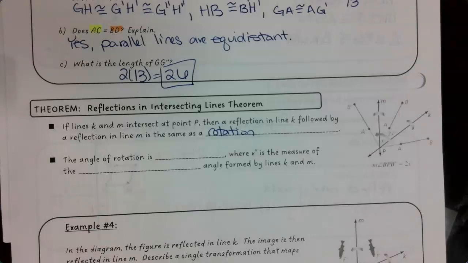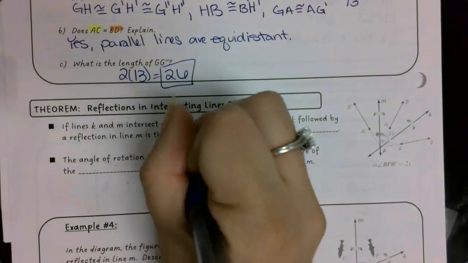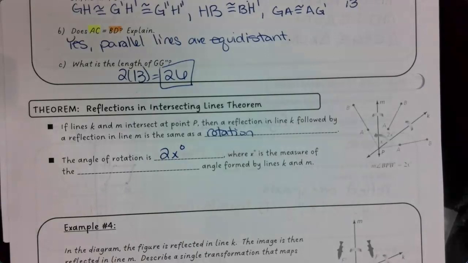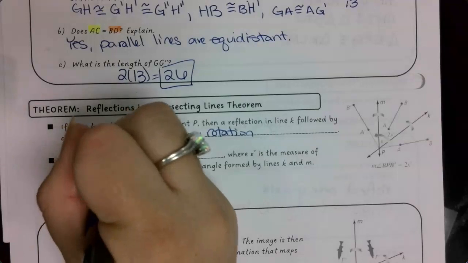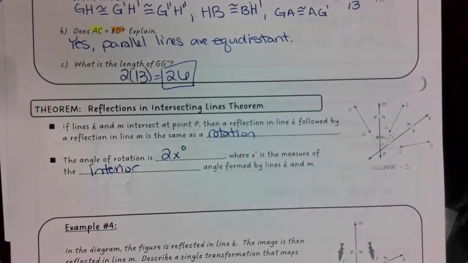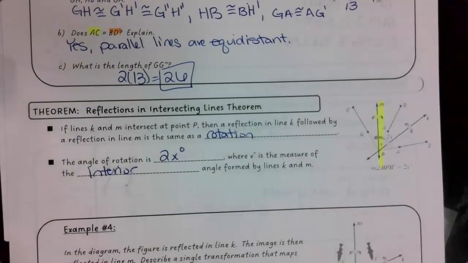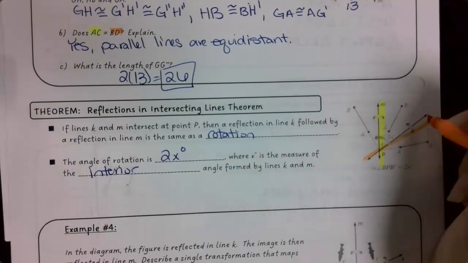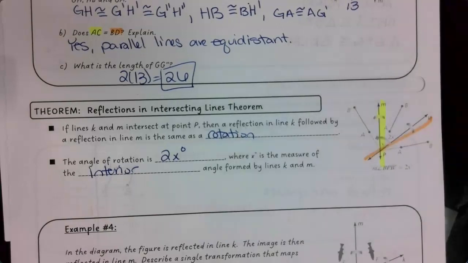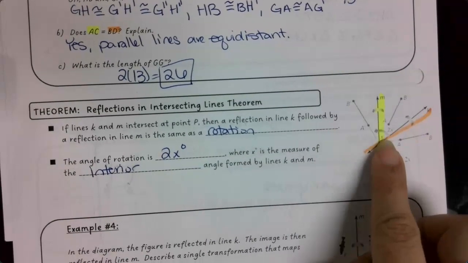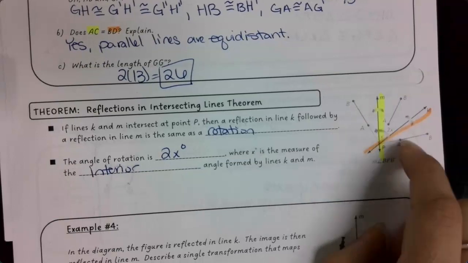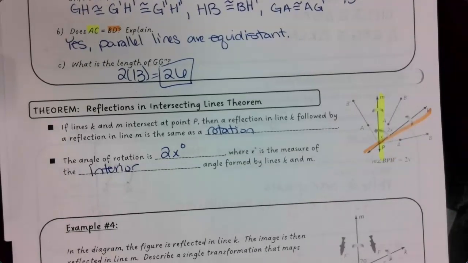The angle of rotation is going to be 2 times x degrees, where x is the measure of the interior angle formed by lines K and M. So for this one, I'm looking at these as my lines of intersection. So I take this inside angle, which is x, and I double it for the entire thing for my degree of rotation.